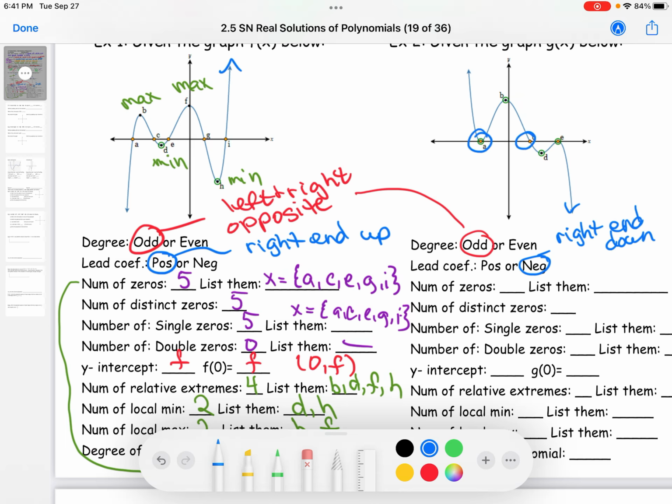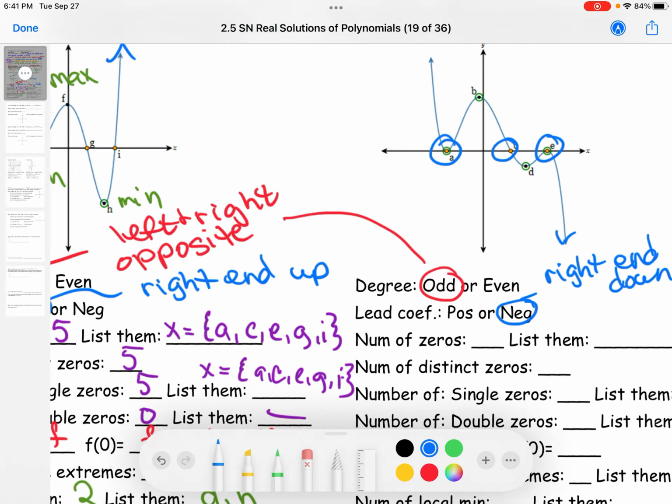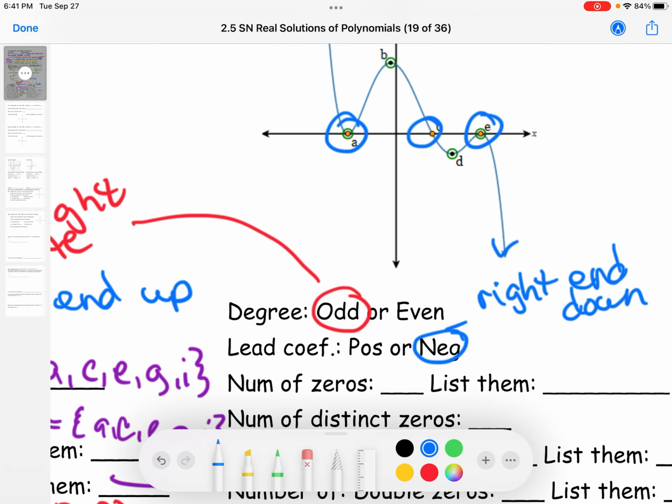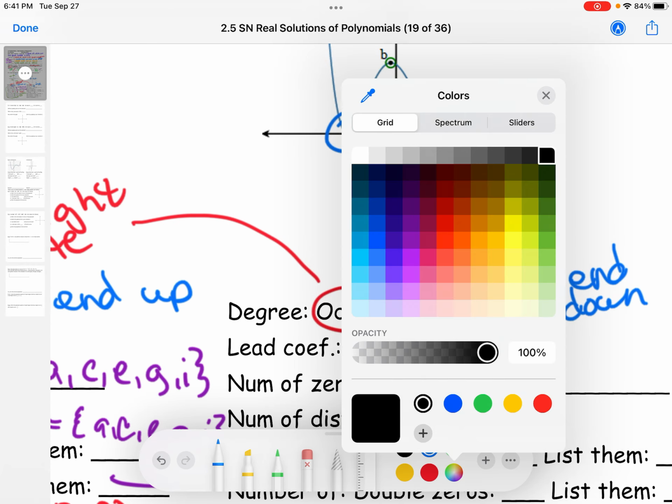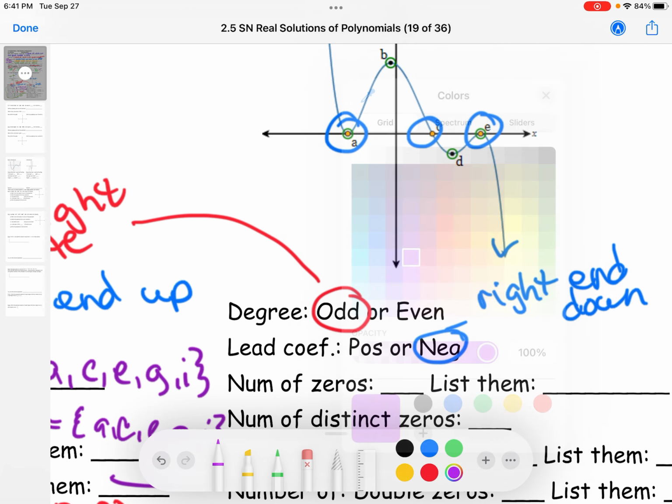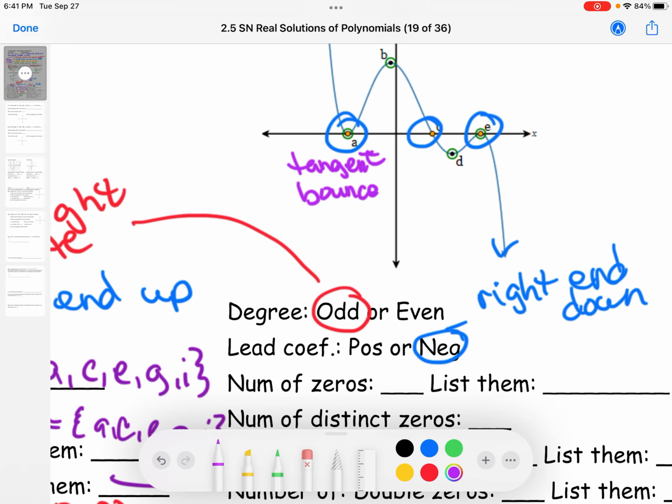There is a 0 here at A, at C, and at E. Okay? At A, at C, and at E. Okay? Now, if we look at these really carefully, at A, we have that tangent bounce. A is a tangent bounce.